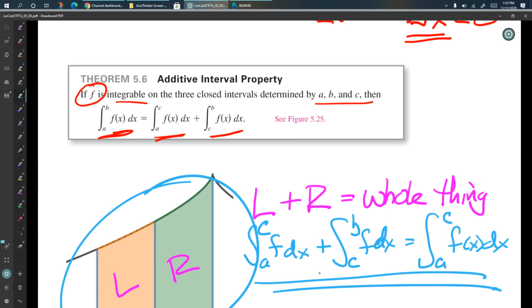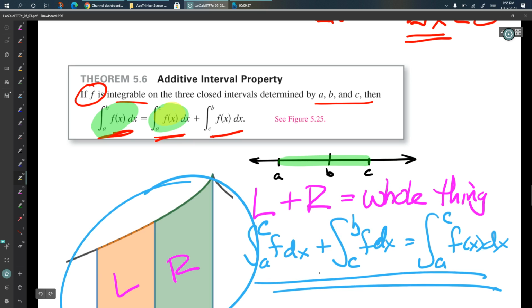Okay? If your picture was somehow an interval where here was a, here was b, and here was c, well then the whole thing is from a to c. Let's start this one over.